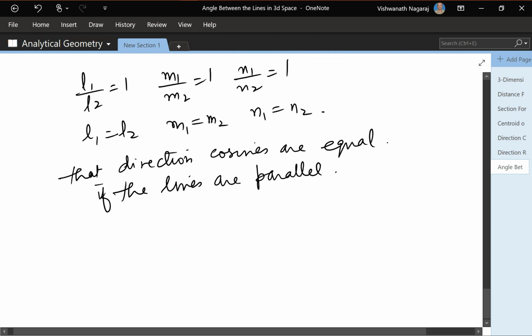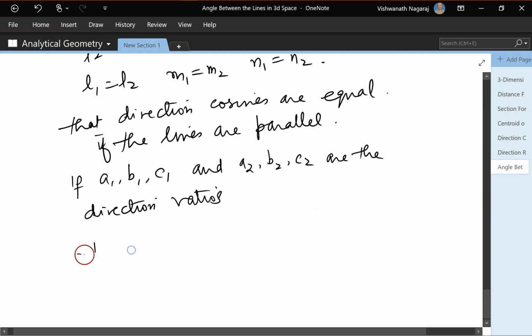Now what about direction ratios? If A1, B1, C1 and A2, B2, C2 are the direction ratios, then A1 by A2 equal to B1 by B2 equal to C1 by C2.